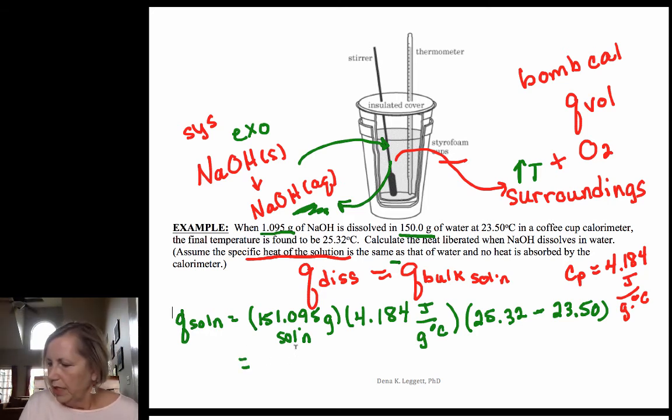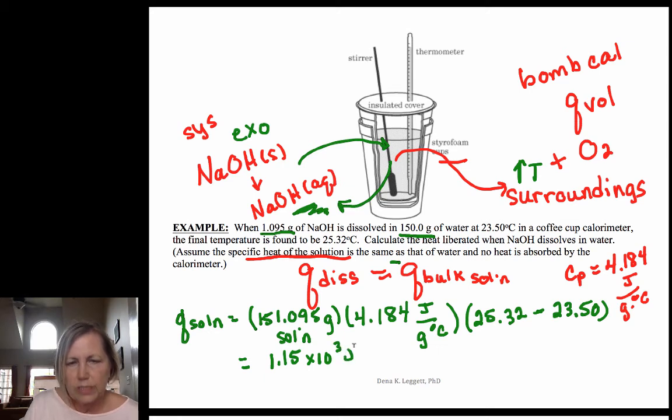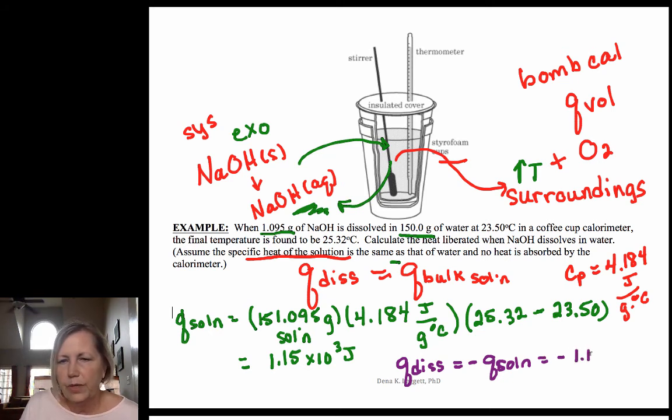So Q of my solution, when you do that algebra, is 1.15 times 10 to the third joules. Well, remember, my dissolving process, Q of dissolving, is equal in magnitude but opposite in sign to Q of my solution. And so this is minus 1.15 times 10 to the third joules. Okay?